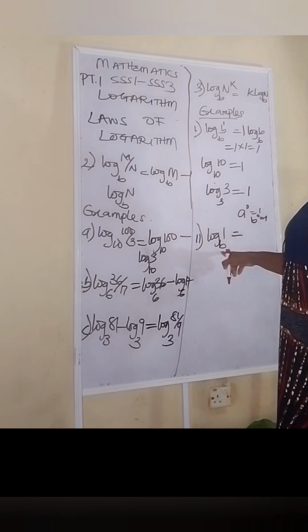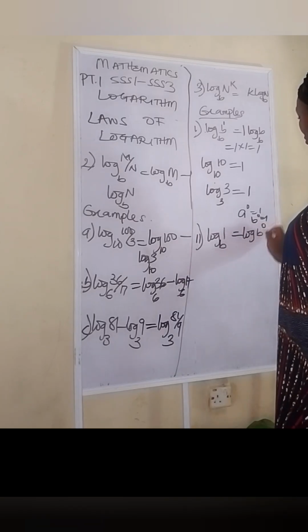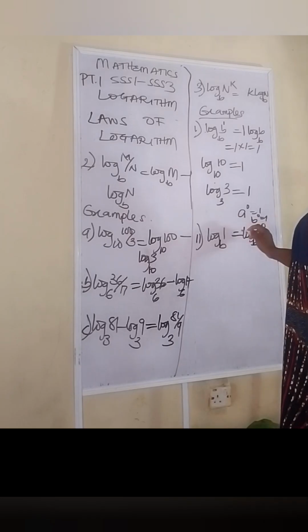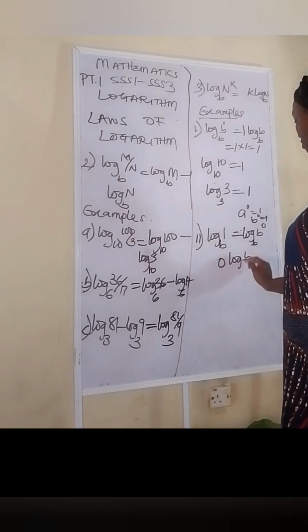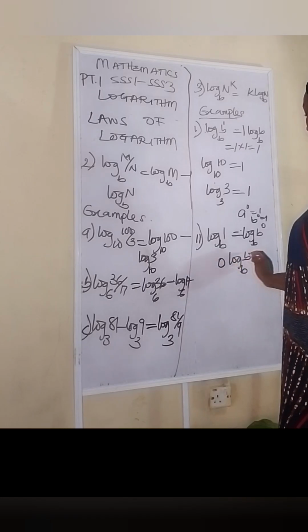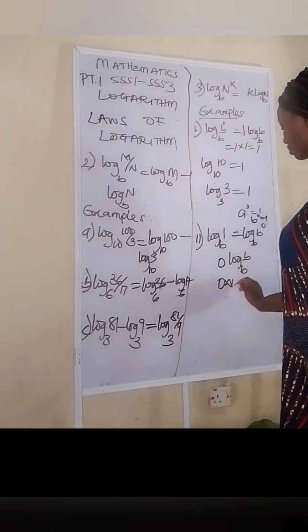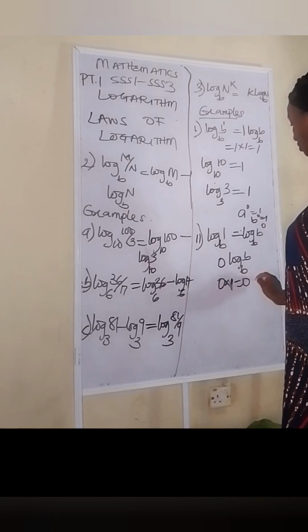So since our base is b, it will now be log b raised to power 0 base b. Do you understand? So now this 0 we move to this side. It will now be 0 log b base b. Now log b base b is what? 1. So that is 0 times 1. And that is what? 0. So it's as simple as that.